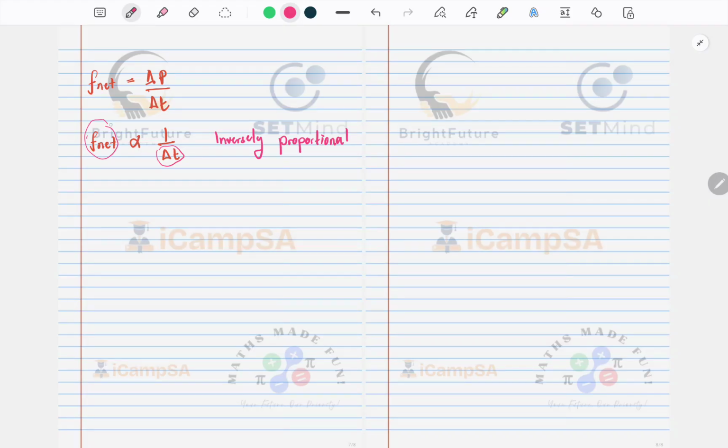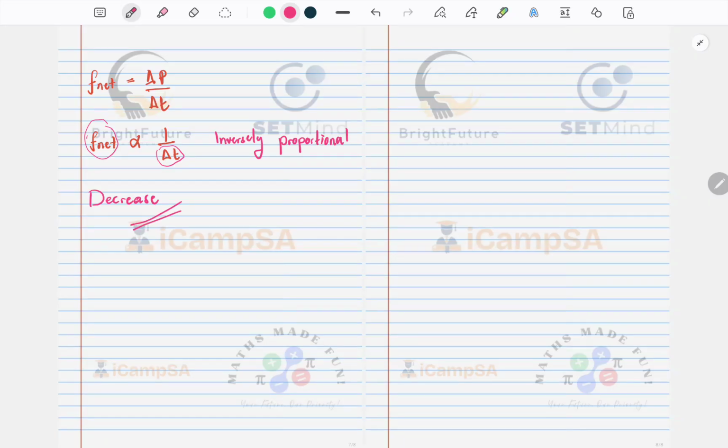If you increase this time here, the force is going to decrease, but if you decrease this time, the force is going to increase. And according to the statement, the force has increased. So that means we have reduced time. So we can conclude and say the answer is decrease. Okay? This is the answer.